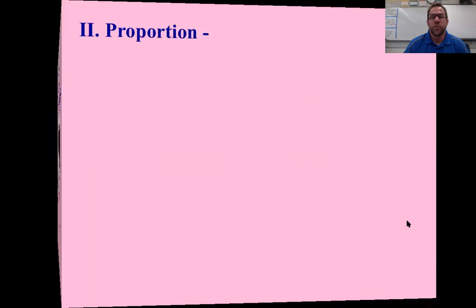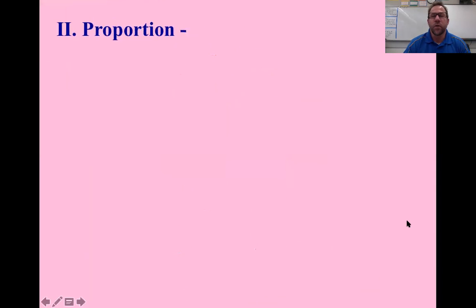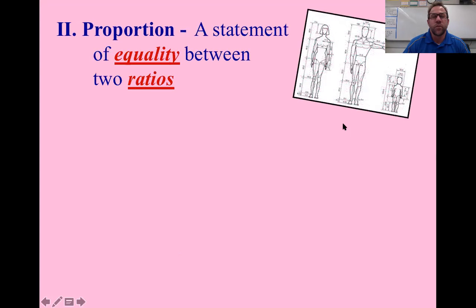Okay, all right, so let's move on to proportions here. That was ratios, where we're comparing one thing to another, things that are similar. A proportion is a statement of equality between 2 ratios.